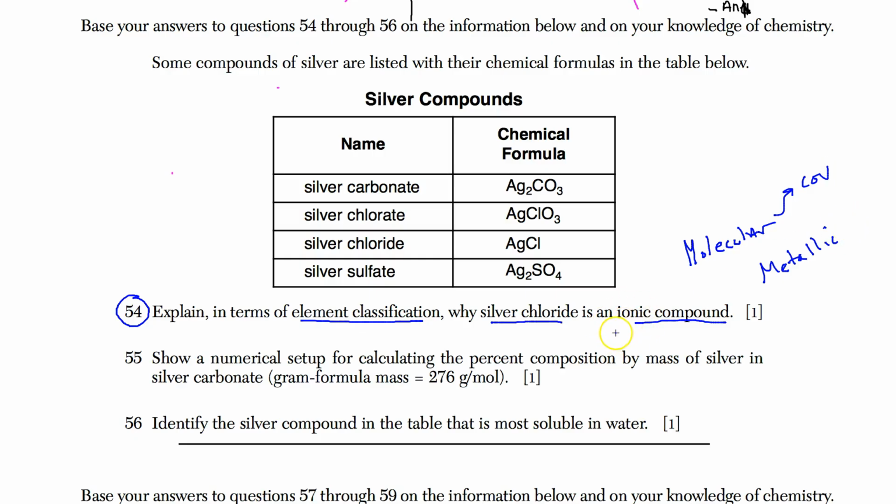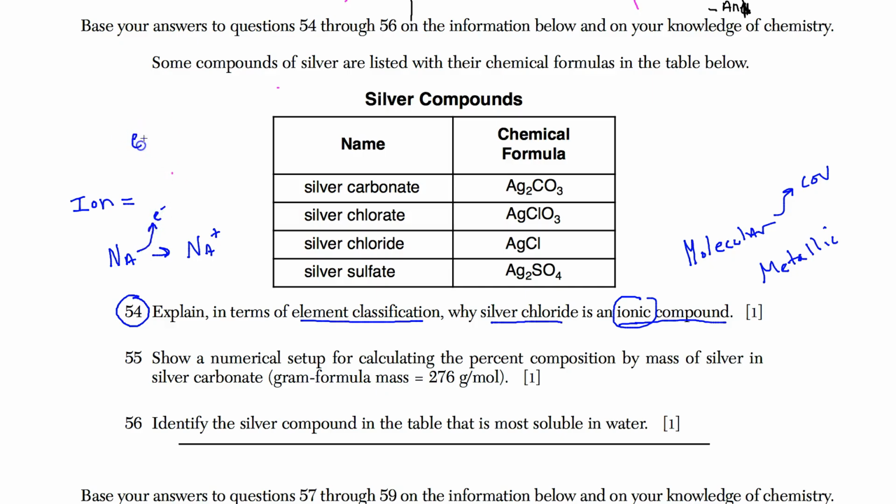So we're looking for something. Why is it an ionic compound? Why are things ionic compounds? Well, what's in the word ionic? The word ion. And what is an ion? An ion is a charged atom. It's an atom that has a positive or negative charge because it lost or gained electrons. And how did that happen? How did something like sodium become Na plus? Because in this case, it lost electrons.